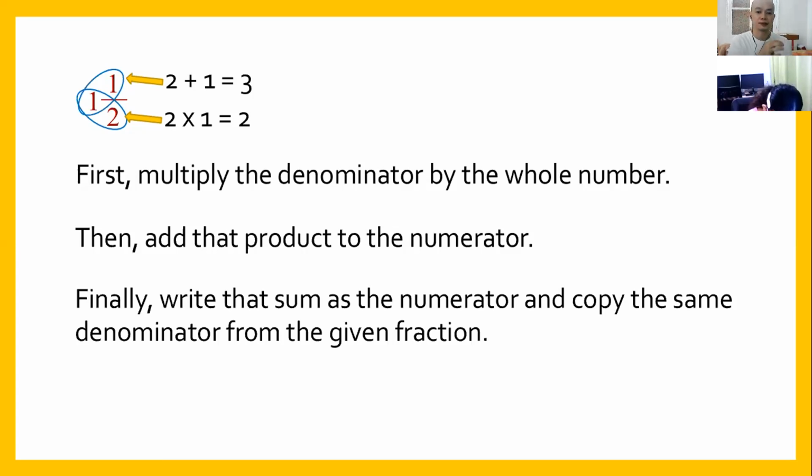So this mixed number 1 and 1/2 will be equal to 3, which comes from the result above, and then you copy the denominator 2. That is your final answer.